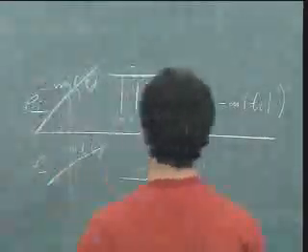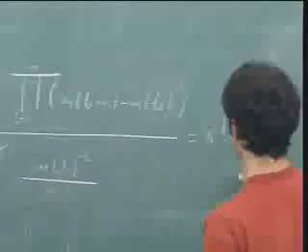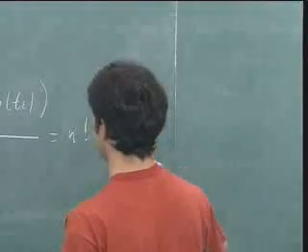So we get these nice cancellations, and we end up getting n factorial times this product here.